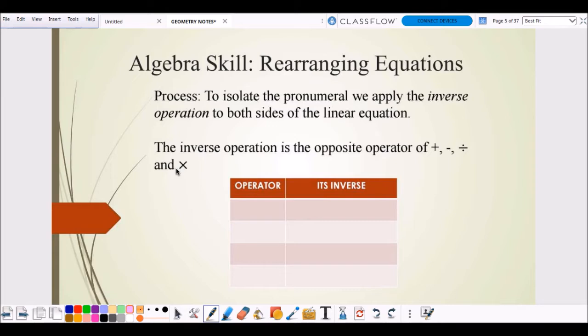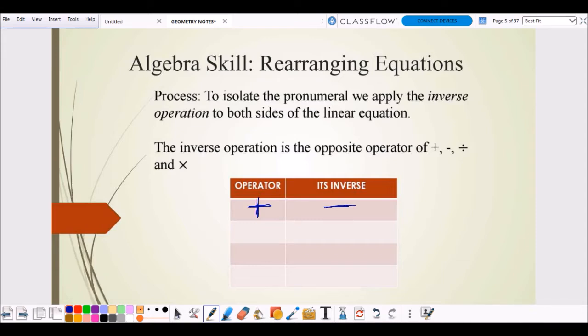An operator is basically just your plus, minus, times, divide. If you have plus or positive as your operator, its inverse, or its opposite, is negative, minus. We all know that.